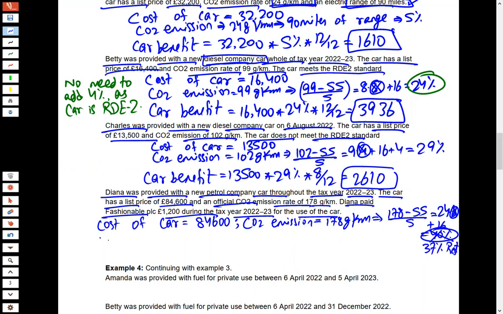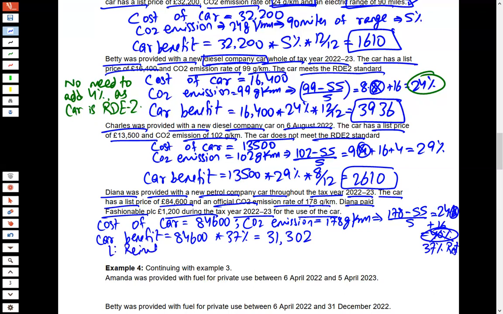So the car benefit would be 84,600 multiplied by 37%, which is 31302.